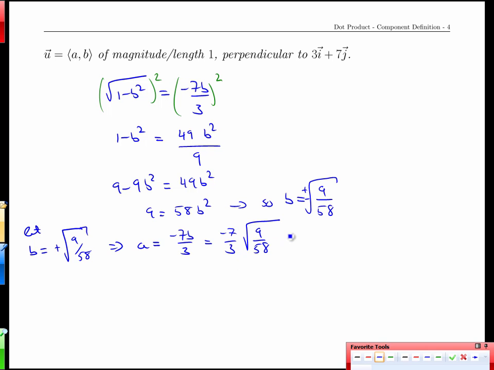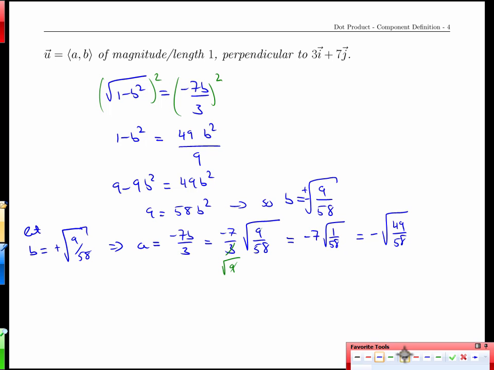Depends how you want to look at that, but we can think of 3 as the square root of 9, and so these two will cancel. And so we'll get minus 7 times the 1 over root 58. If you like, you could write that as minus 49 over 58, bringing the 7 inside the square root, we square it. Either one of these is fine.